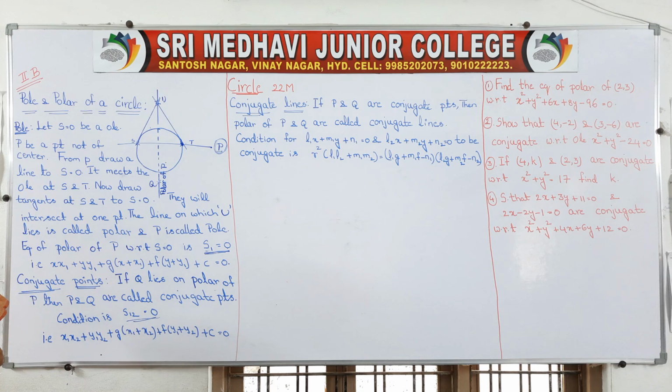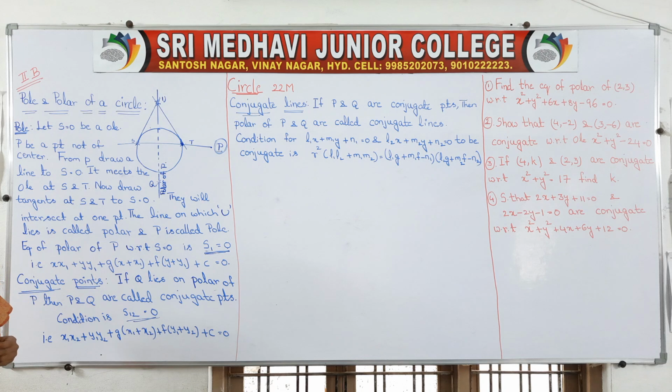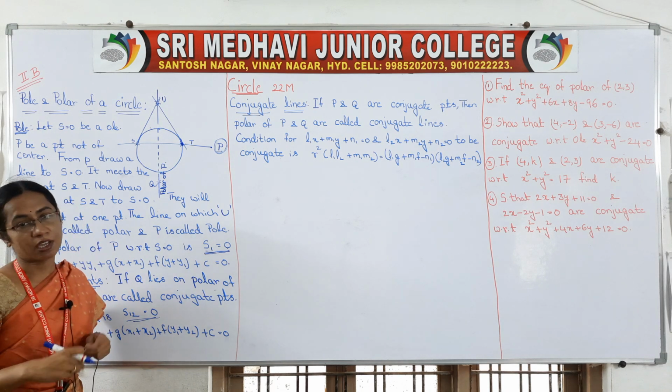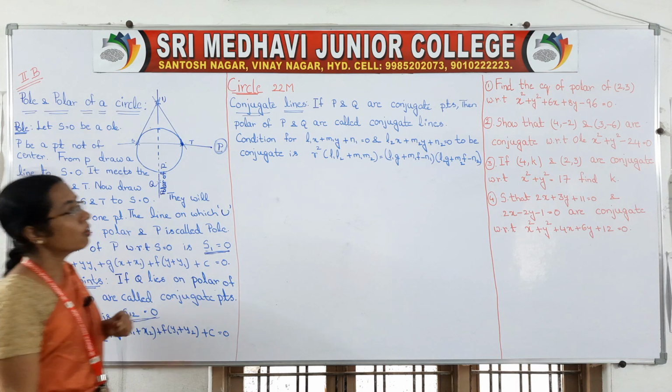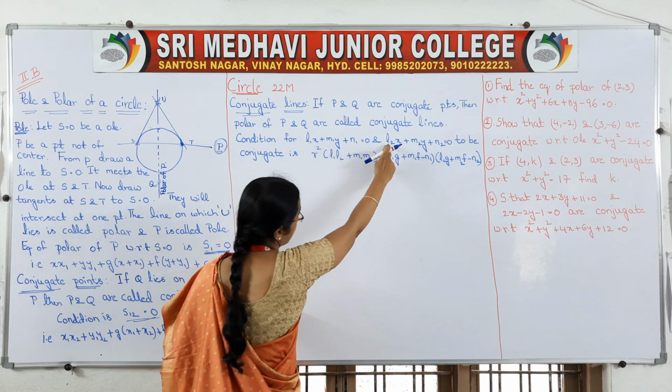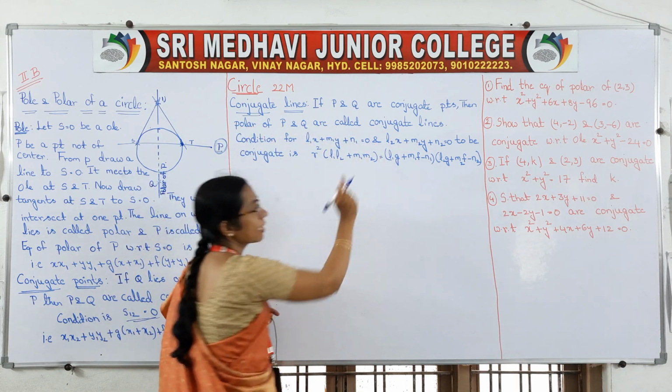Next, conjugate lines. What is meant by conjugate lines? If P and Q are conjugate points, their polar equations are called conjugate lines. So very simple. And what is the condition for two lines to be conjugate? They have to satisfy this condition.